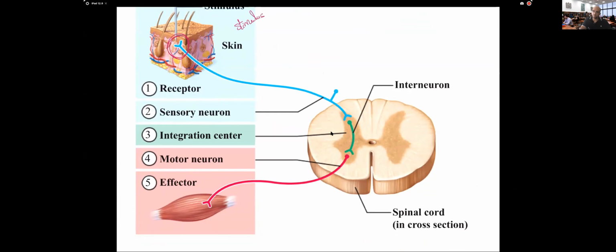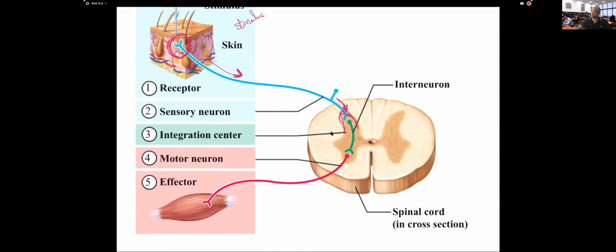And this stimulus is going to be detected by the receptor and sent through my afferent nerve fiber, sensory neuron. And this sensory neuron is going to be conducting the signal to the spinal cord to travel to the dorsal horn of the gray matter of the spinal cord.